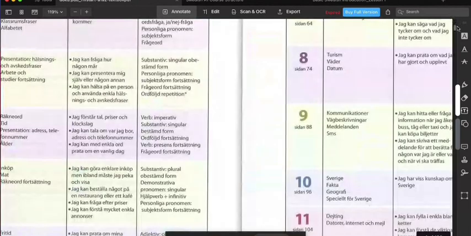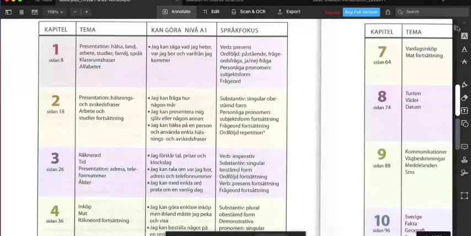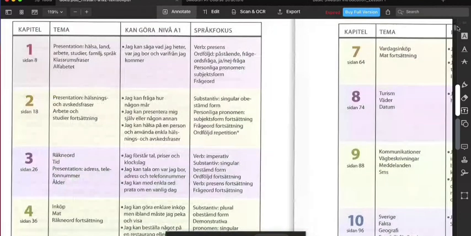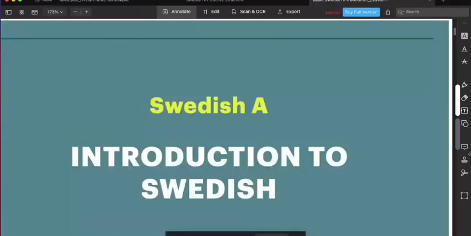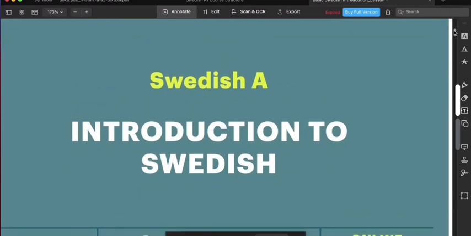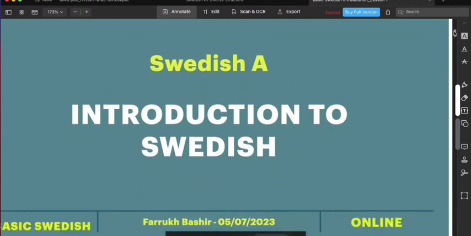We cover 8 chapters in A1 and 12 chapters we cover in A2. So that we start almost after 10 to 12 lessons. We have base now, and then we can easily revise these chapters, and we can also listen to them. You can share audio files for these chapters, and it can help you to improve your pronunciation. So this is our first lesson. If you have questions, you can let me know.